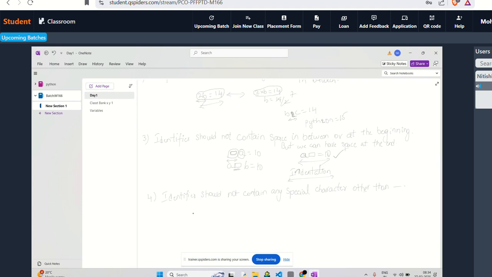If you take any special character like star or hash, these are special characters, right? We cannot use these special characters as an identifier. Not only as a single character, we cannot use them in between also.